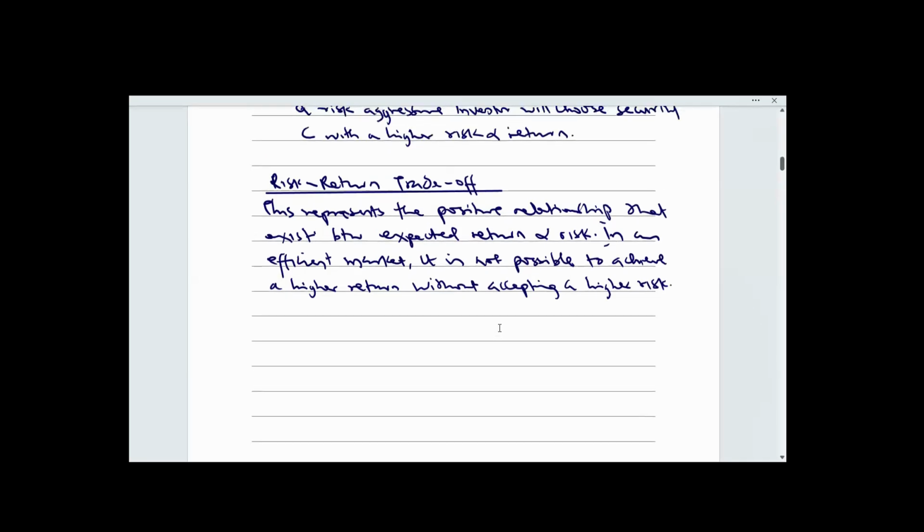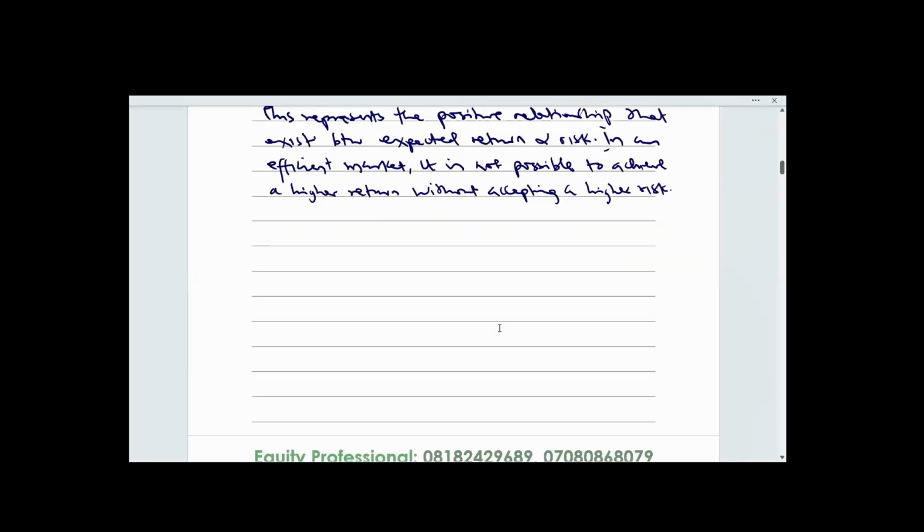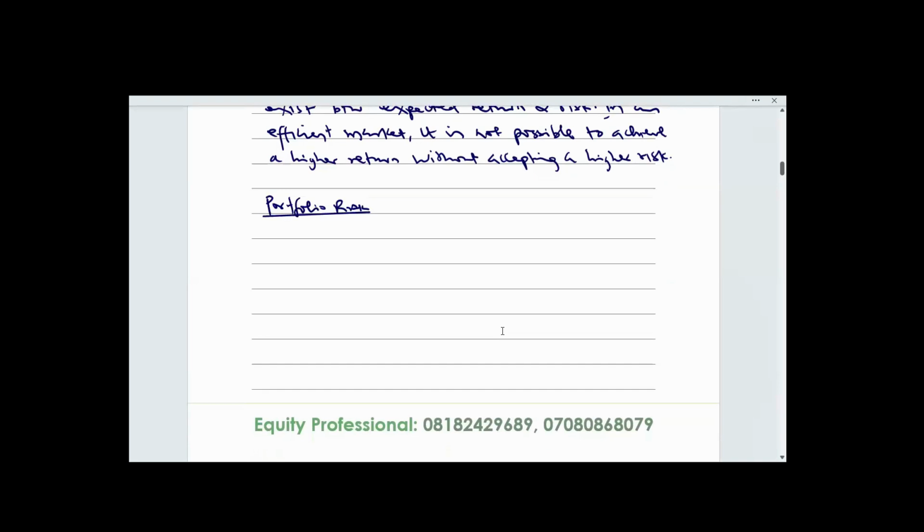Then after this, we are getting there little by little. Let's talk about portfolio risk. What do you mean by portfolio risk? What is portfolio risk?